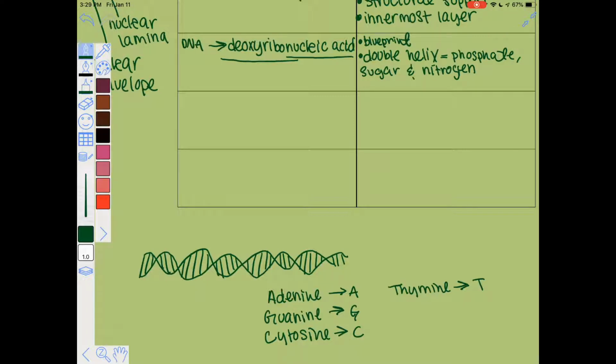Specific orders of these four nucleotides, adenine, guanine, cytosine, and thymine, result in different but very unique structures that are proteins or polypeptides. These are what make up you as a human and what make up any living thing out there.